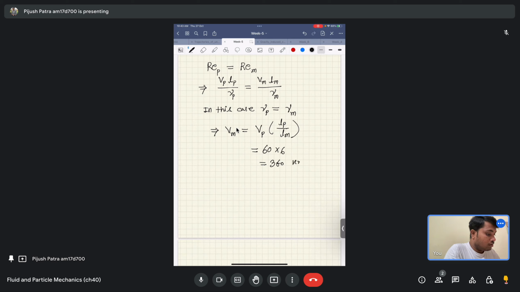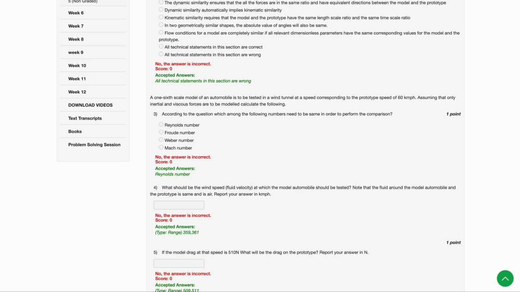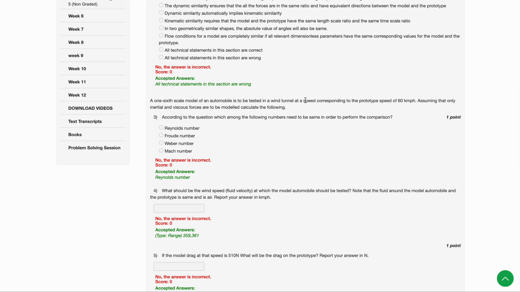So 360 kilometer per hour. That should be the answer. Okay, that is the 360 kilometer per hour. Yeah. Okay, so this is question number 4, I guess. Yes.